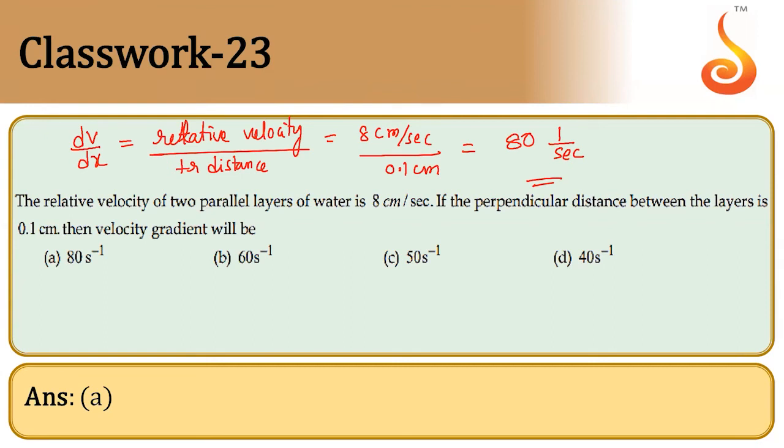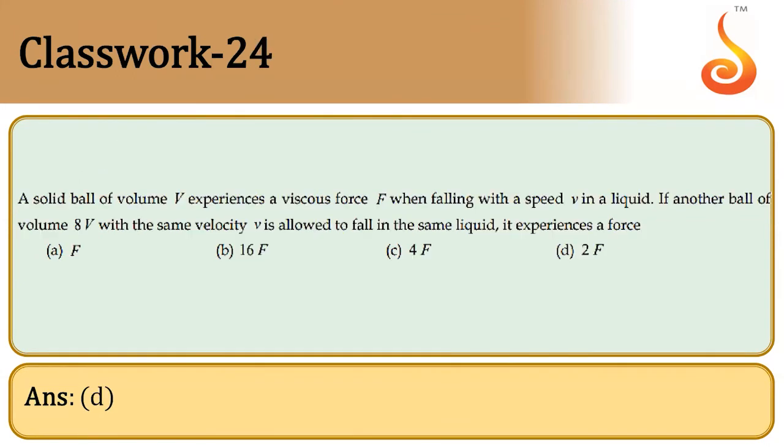Done, children? Okay. A solid ball of volume V experiences a viscous force of F when falling with a speed v in a liquid. If another ball of volume 8V with the same velocity v is allowed to fall in the same liquid, it experiences?